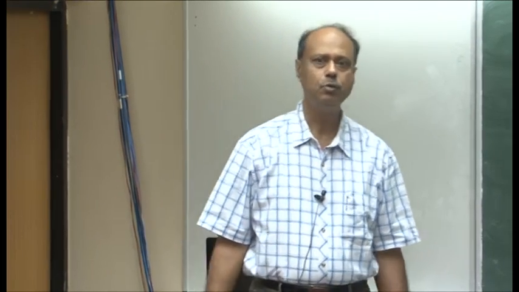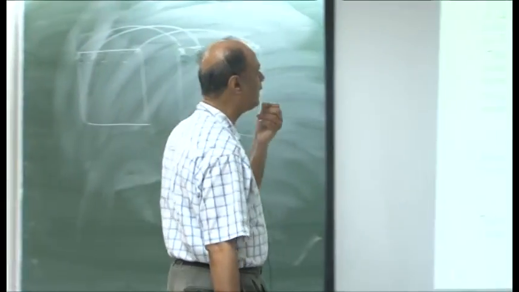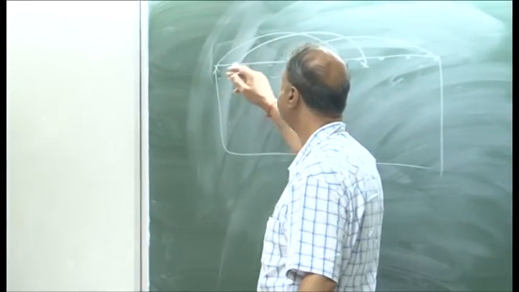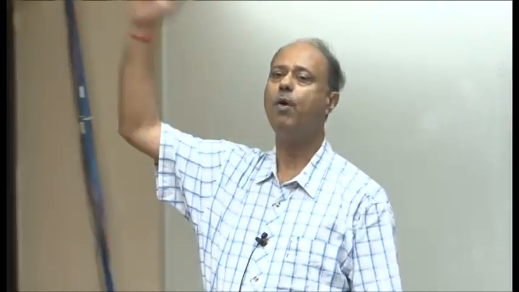A small polynomial degree is sufficient. So degree 2 or degree 3 is sufficient to estimate your x prime and y prime, right? If it is degree 2 or 3, I need basically 3, 6 or 10 corresponding points in the output image.